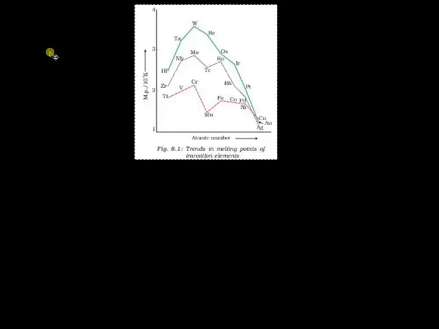In metallurgy, you would again learn that zinc and cadmium are refined by evaporation. They are volatile metals and so they can be easily evaporated and purified that way.